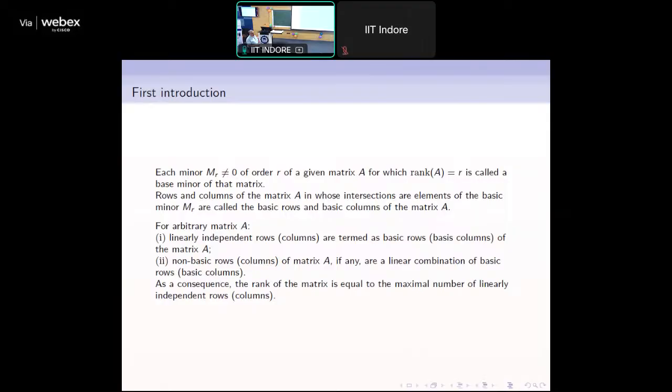Other rows and columns are called non-basic rows and columns. And non-basic rows or columns can be represented as a linear combination of basic rows or basic columns. Matrix rank is equal to the maximal number of linearly independent rows or columns.